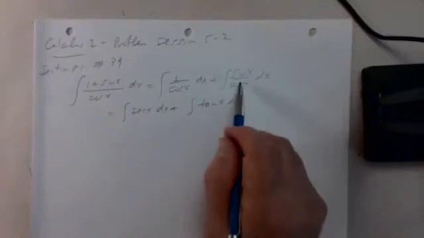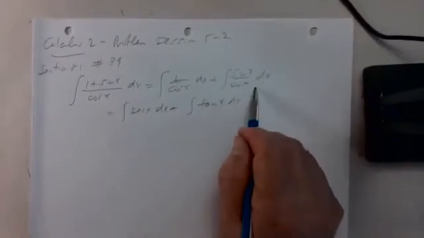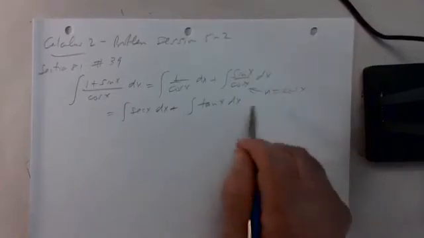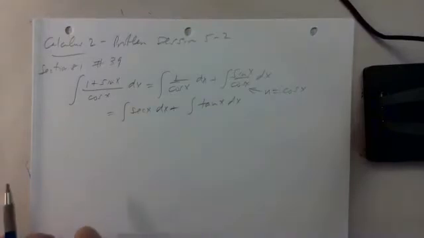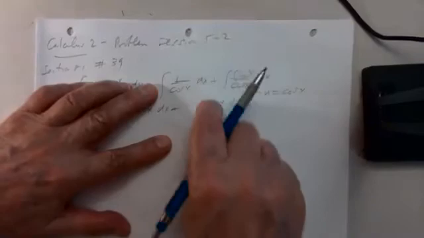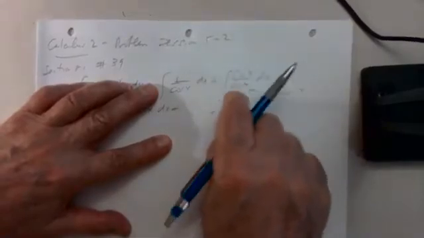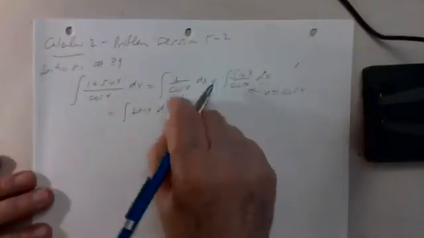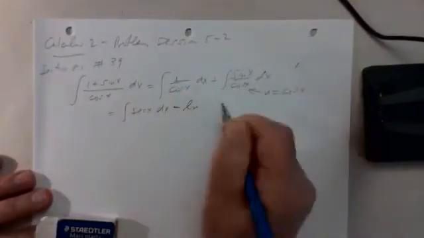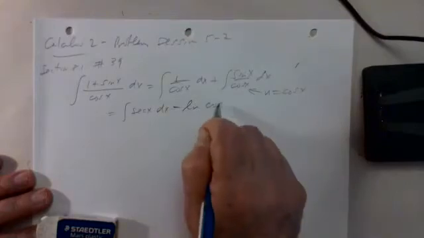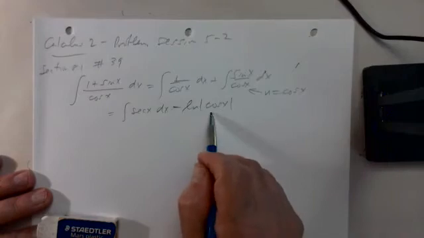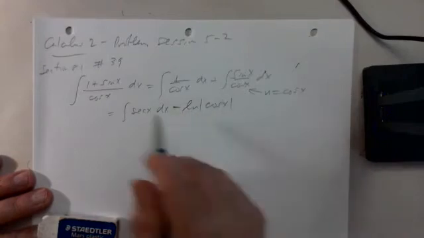Actually, the simplest thing is not even to change this. Here, to make a substitution, u equals cosine x, and what you would get is minus the natural log of the cosine, because when you differentiate this, you get 1 over the cosine times minus the sine, which cancels that.